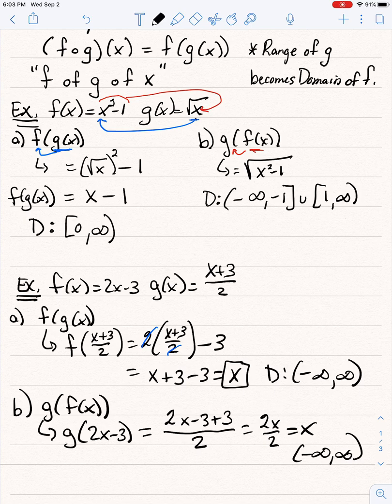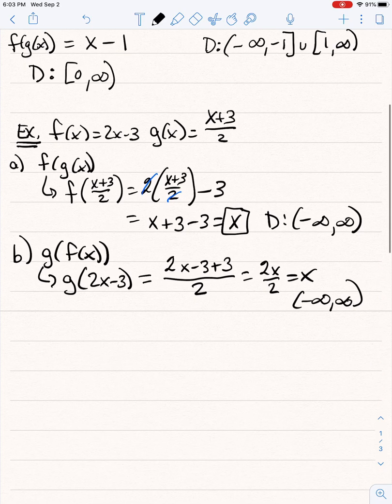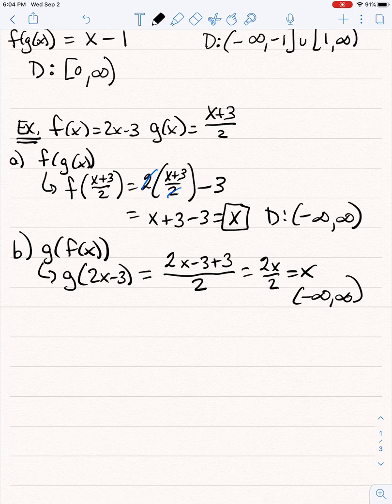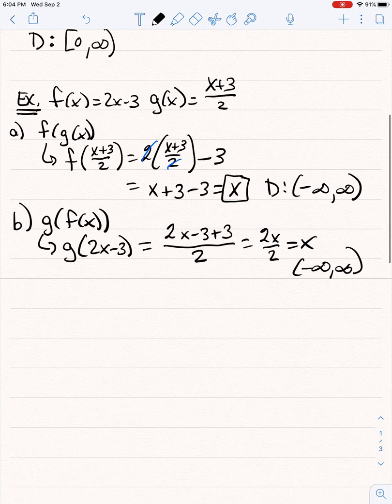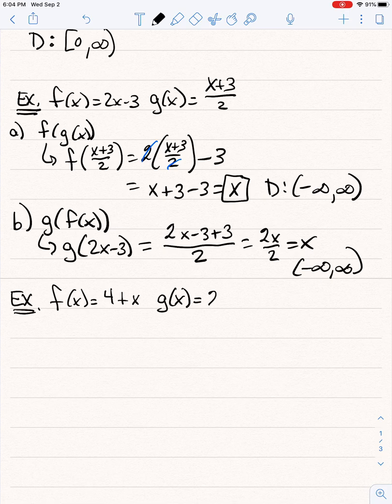The second thing I wanted to share here is if we do some additions and subtractions with functions. For example, let's consider f of x this time to be 4 plus x, and g of x to be 2 minus 3x.